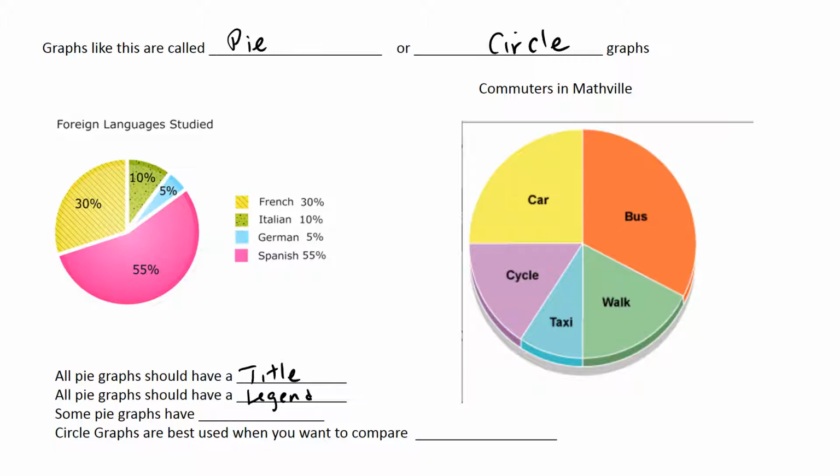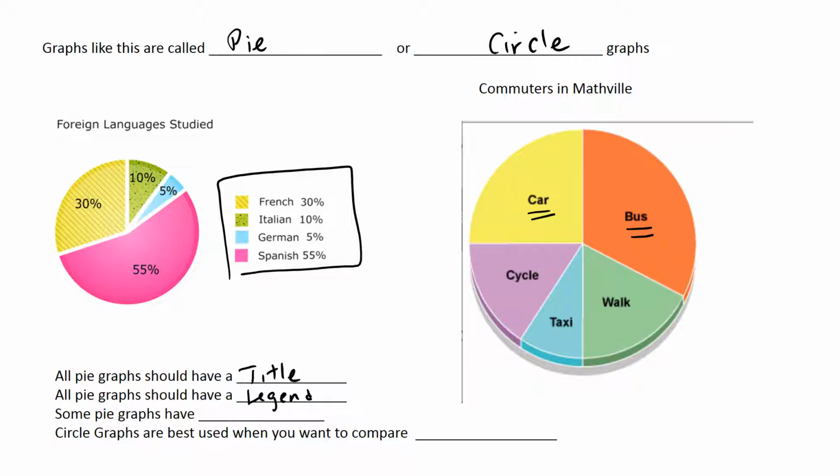Now, the legend on the left is this one right here. It tells you what the colors mean. On the right hand, the legend is actually written in, so the legend is illustrated a little bit differently, but both explain what each of the pieces of the pie refer to.